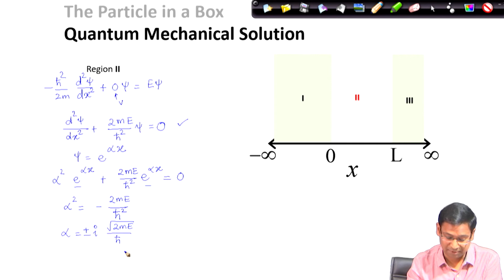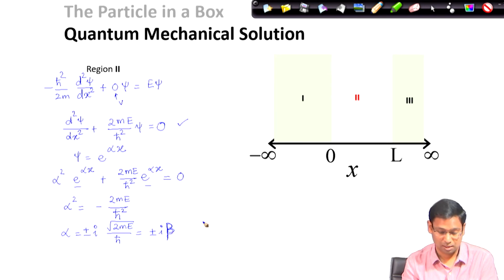So, I have a term like this. Since this is rather a big term, I am just giving it a short name, beta. I am calling this square root of 2 m E divided by h bar as beta. This is just for simplification in the notation.